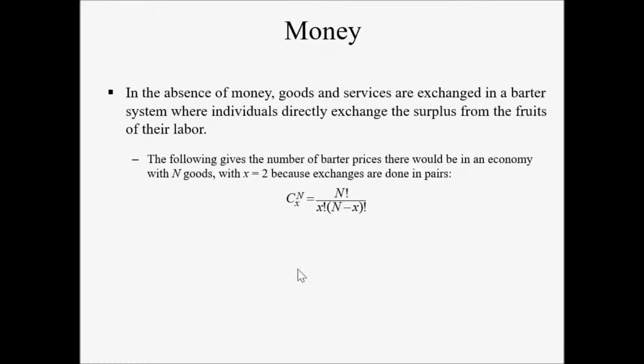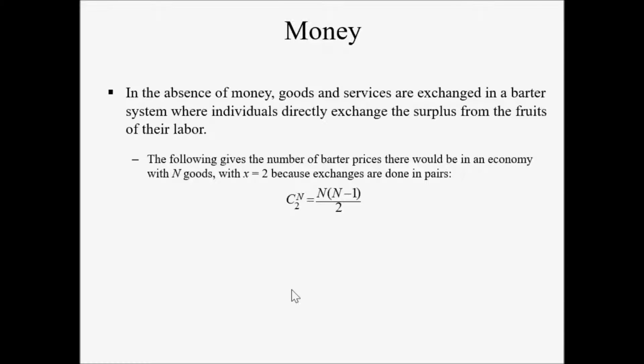That exchange has two sides to it. So x here is 2. And if we do a little simplification, n factorial over n minus 2 factorial and 2 factorial, do some cancellation, we get the equation n times n minus 1 divided by 2.